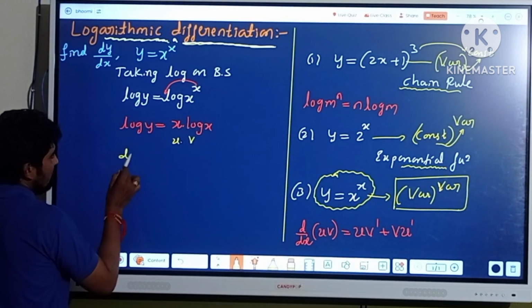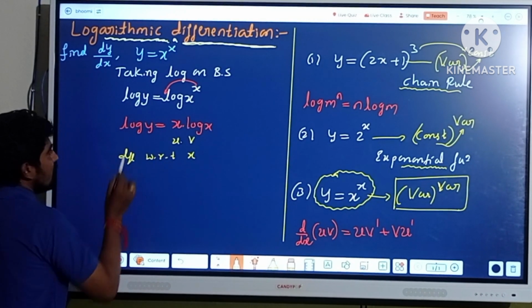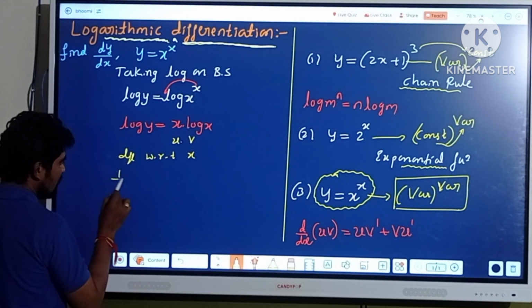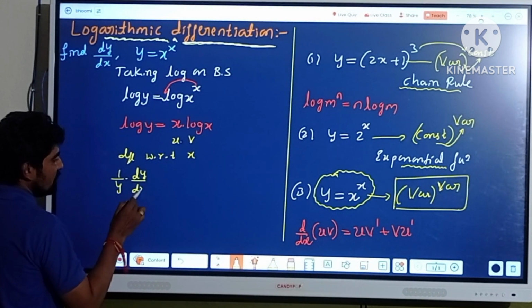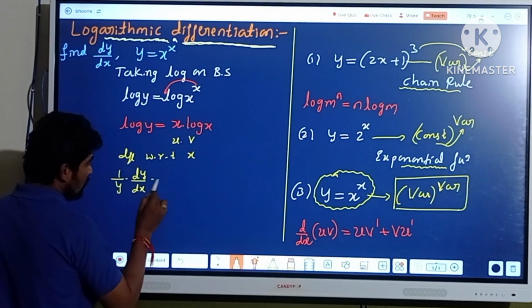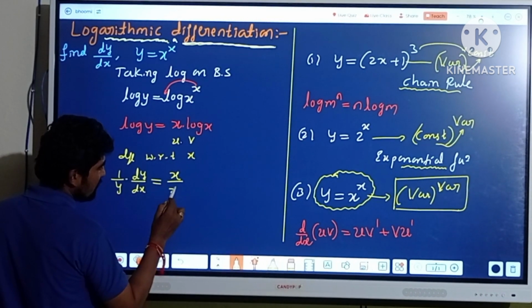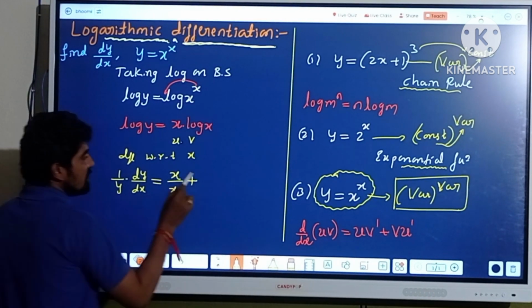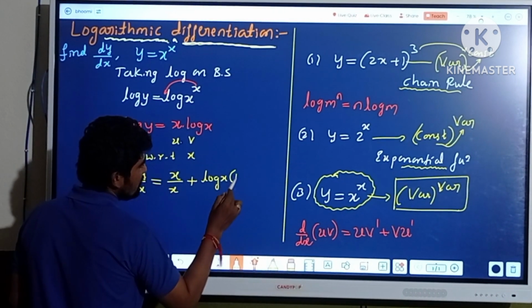Now differentiate this with respect to x. The derivative of log of something is 1 by that something. So differentiating, 1 by y into dy by dx equals, here the first function x as it is into the derivative of log x, which is 1 by x, plus the second function log x as it is into the derivative of the first function, which is 1.